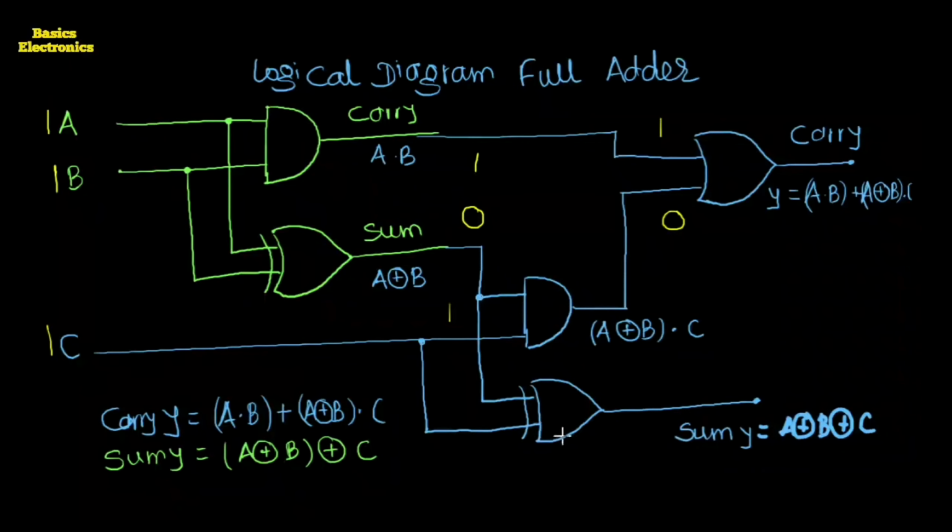The inputs to this lower XOR gate are the sum equal to 0 and the carry input C equal to 1. Different inputs are there, so therefore the final sum is equal to 1 and the final carry is also equal to 1.